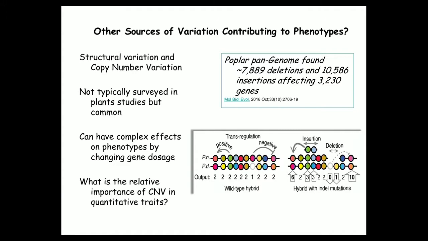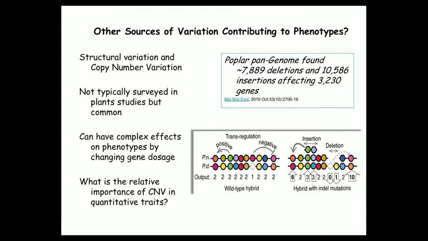So structural variation refers to sequence variation, depending on what paper you look at, that is relatively large, so half a kb or a kb or larger. And this can result in gene copy number variation, where individuals will actually contain varied numbers of copies of individual genes.